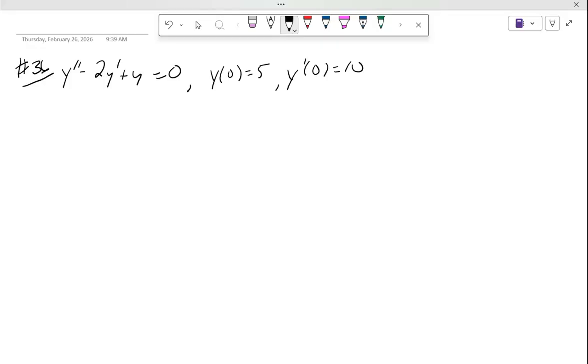What do we do first? Yeah, characteristic equation. What is the characteristic equation in this case? m squared minus 2m plus 1 equals 0, right?